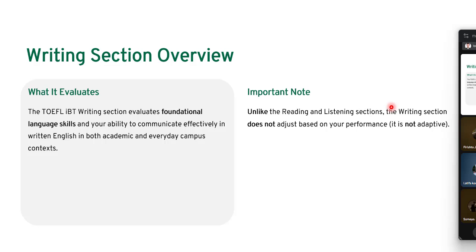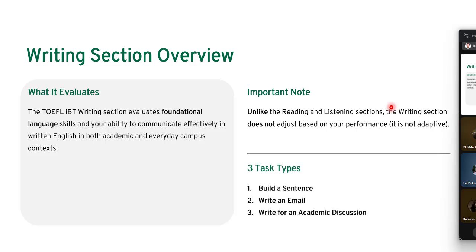Writing and speaking sections are not adaptive, the opposite of reading and listening, where the test is adaptive and the questions are based on our performance. In writing and speaking, it's not based on performance. There are three tasks: build a sentence, write an email, and write for an academic discussion.